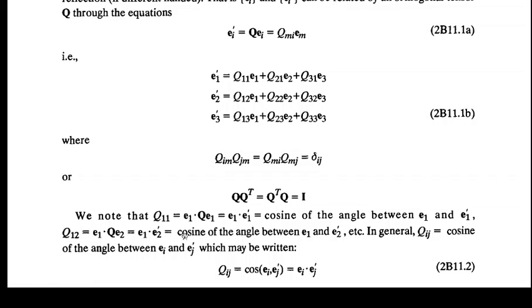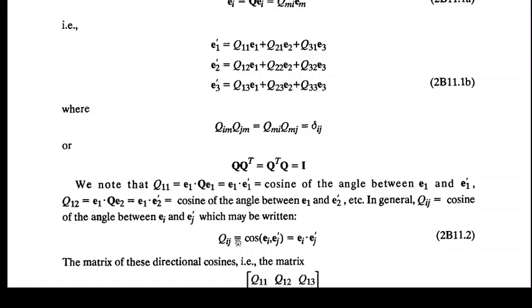Q12 is the cosine of the angle between E1 and E2 dash. Similarly, we can write Qij equals the cosine of the angle between Ei and Ej dash, and this is simply Ei dot Ej dash.